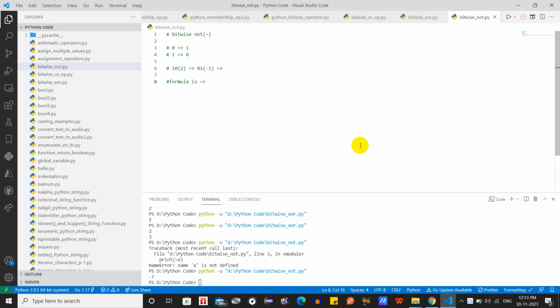The formula is minus (n plus 1). Minus, whole n plus 1.